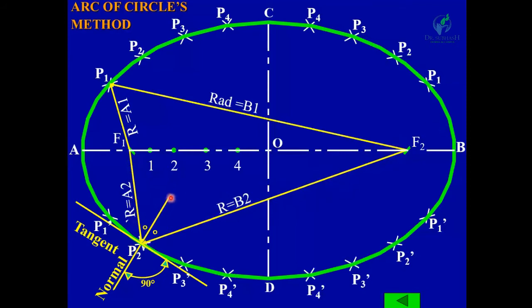This bisector is the normal of the ellipse, and a line perpendicular to this normal is the tangent.